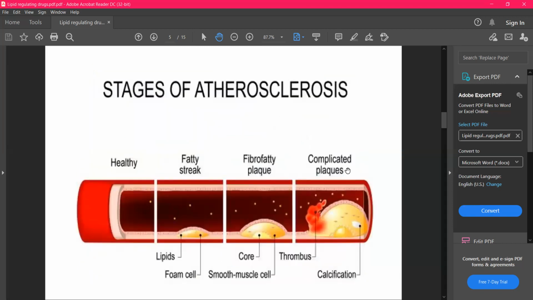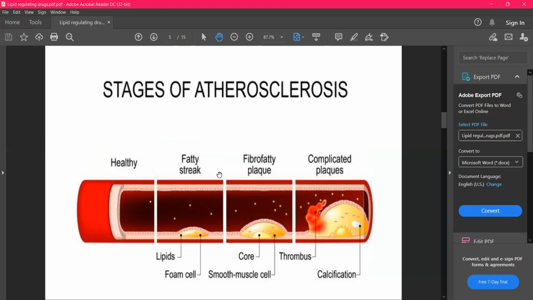Next, I'm not going to go into details about atherosclerosis and the process, but what I want to highlight is that LDL can readily enter an artery, and this gets modified chemically. Now, these modified LDLs are pro-inflammatory.